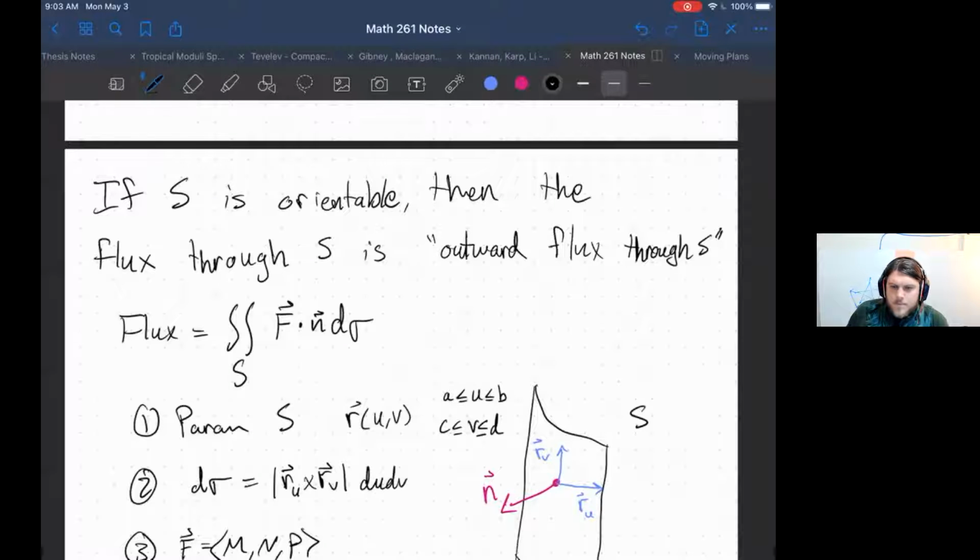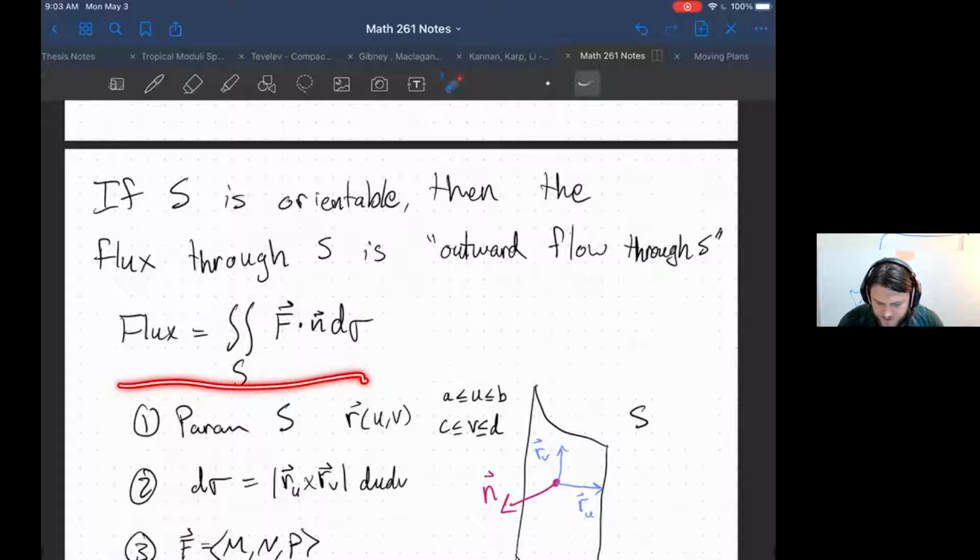No, I guess that should have been flow based on the sentence. Sorry about that. So we described this flux through a surface.